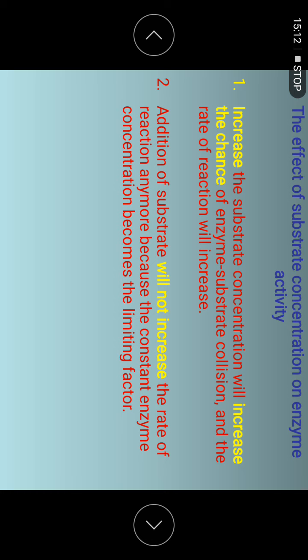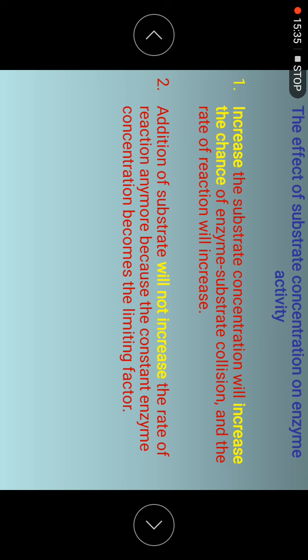So let's say I have 10 substrate, then 10 enzyme, and I have 10 product. But let's say again I add some more substrate, but now the enzyme concentration is constant, so I have 10 enzyme, and I add the substrate until very concentrated, 20 substrate.